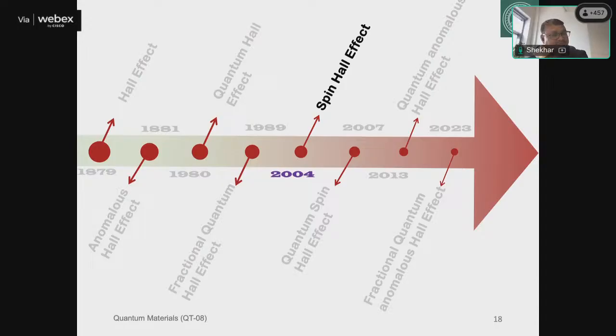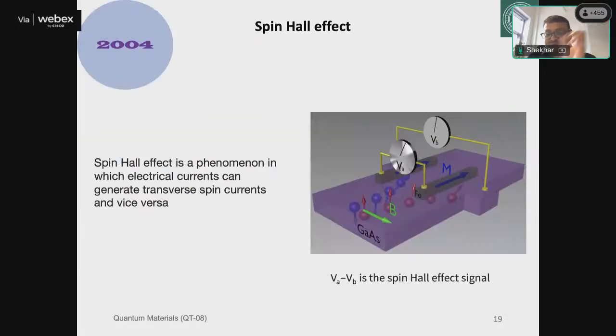Now the middle one is the spin Hall effect. Up to now we considered only the charge of the electron, but as I said, the electron has two quantities, one is charge and one is spin. Now I'm going to talk about the role of the spin of the electron. What happens if you design such a geometry?